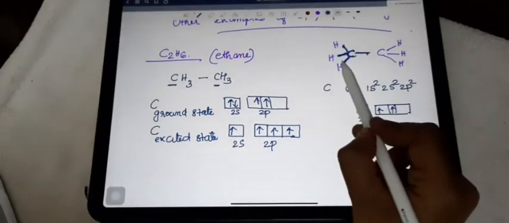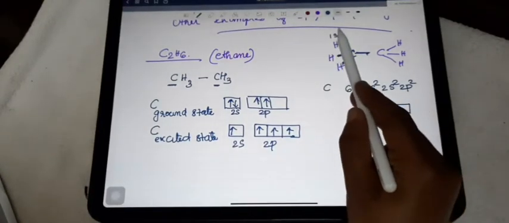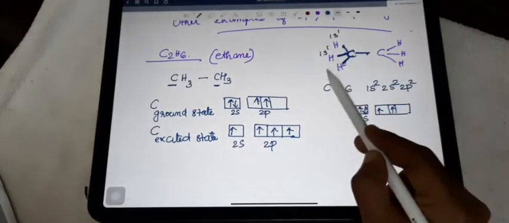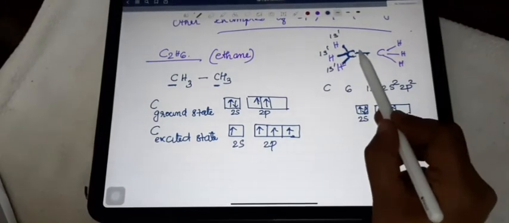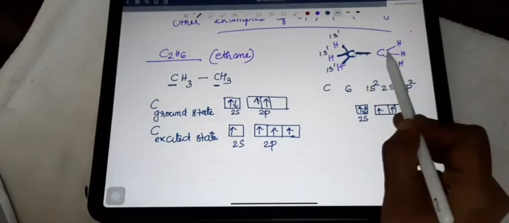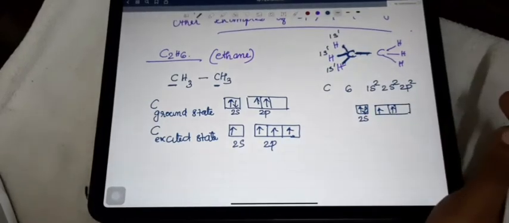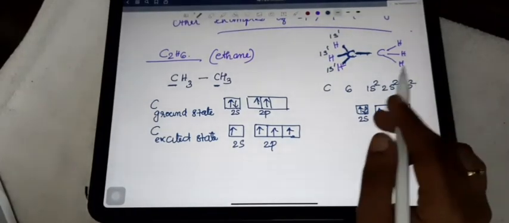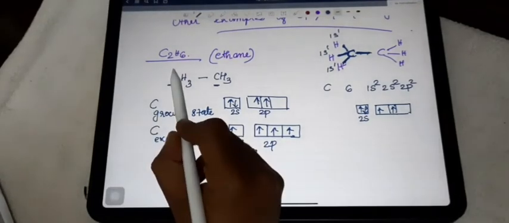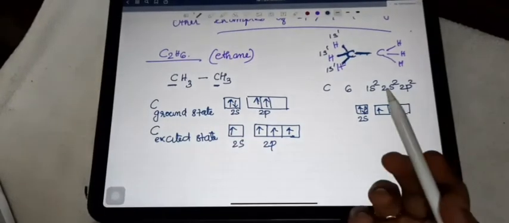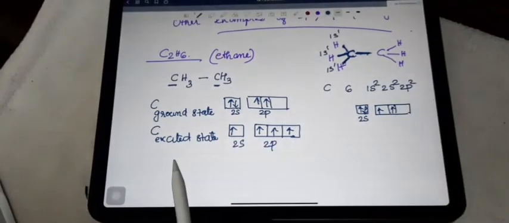Three are for these hydrogens. Hydrogen, as you know, has the electronic configuration 1s1. This one also 1s1, this one also 1s1. So there is 1 half-filled orbital in each. And this one needs to be joined with the other carbon. For that we made the 4 half-filled orbitals with the help of excitation. So this is the first carbon's case. For the next carbon, the same situation arises.